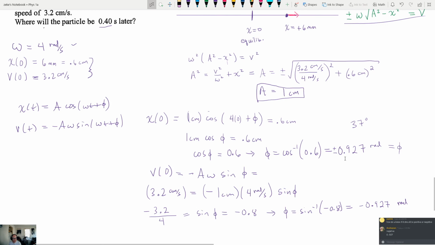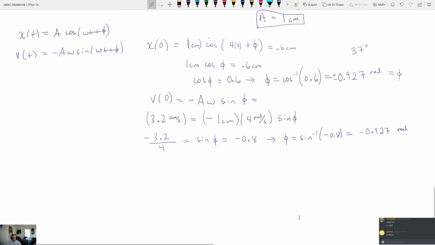The way you know, Joanne, is you have to do both the x of 0 and the v of 0. The initial x position and the initial velocity are going to tell you the answer. Do you understand? Okay. So, we'll come back to that in just a second.